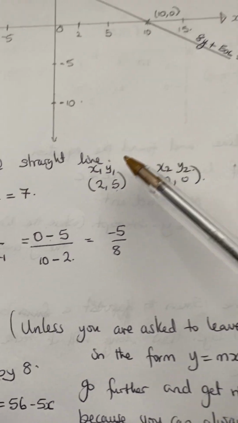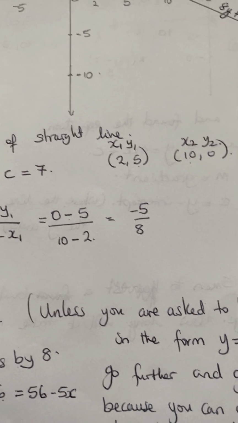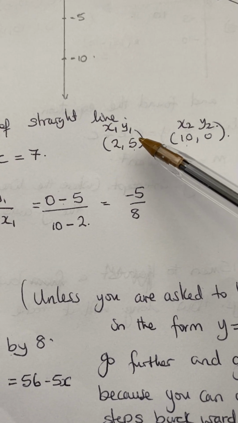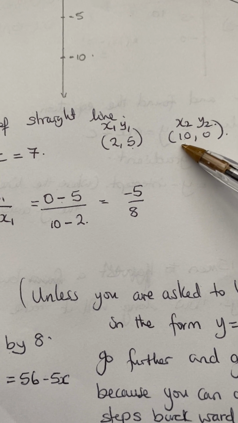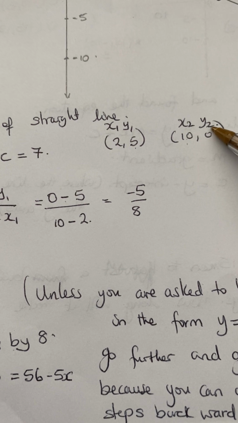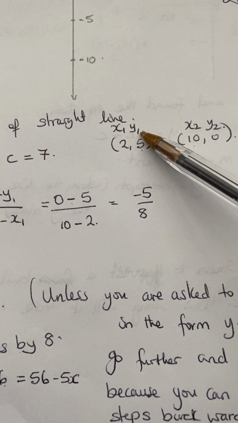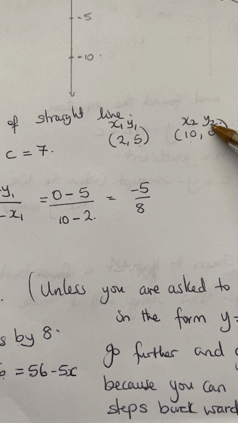I wanted to also say something about this. Don't make this x1, y2, or x1, x2, y1. If it's x1, then it should be y1. If it's x2, then it should be y2.